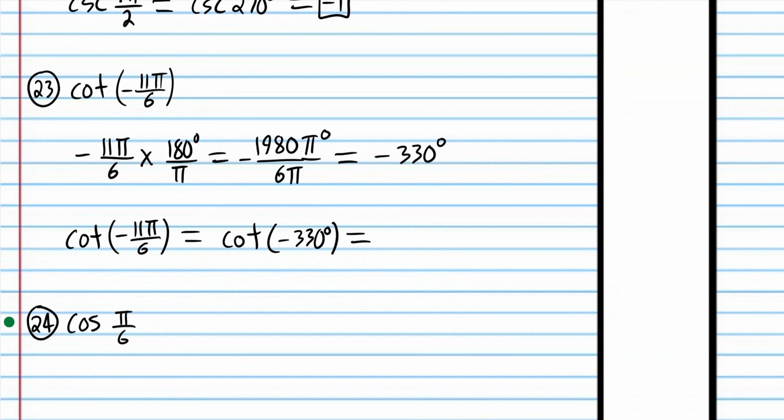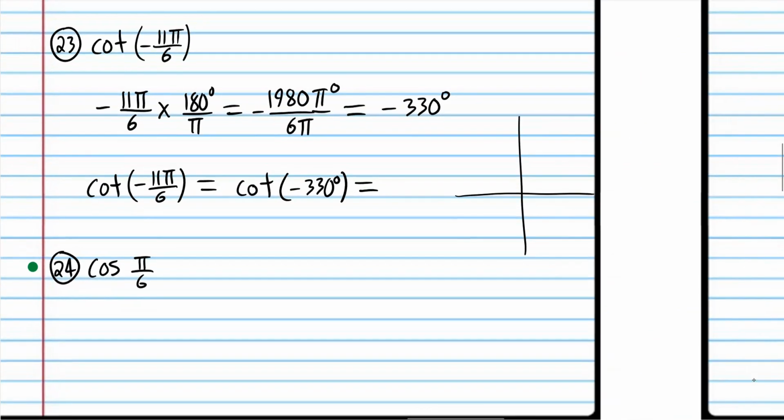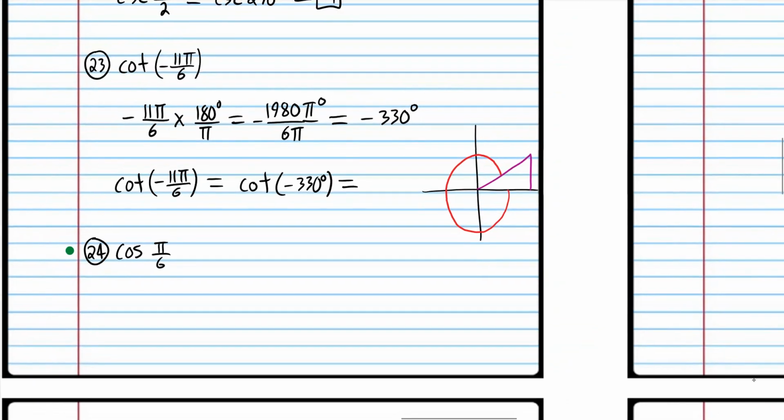So in order to figure that out, we're going to draw some axes here. And remember, this is a negative angle measure, so you have to rotate clockwise. -90, -180, -270, and all the way to -330. So the reference angle is going to be 360 minus 330, which is 30 degrees.